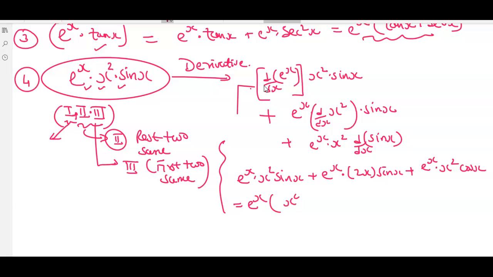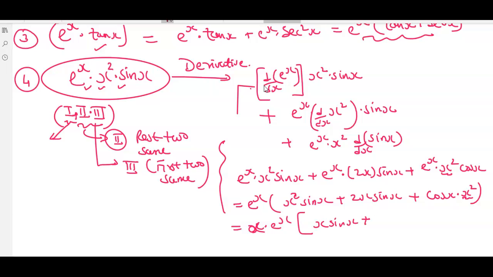We have x square sin x, then 2x into sin x, then we have cos x into this x square. I have taken it at the last one. Now you can take the x common out of that. It is x into e to the power x into x sin x, 2 sin x.